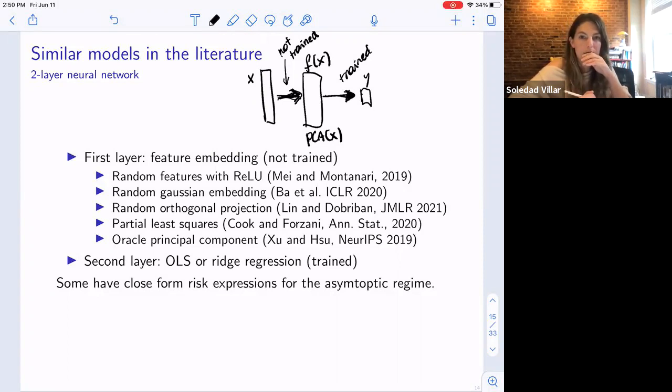So what I'm trying to understand is why would I want to analyze the PCA regime? These simpler problems are just meant to study the more general case, and in the more general case, we're not going to know what the right embedding should be for the first layer.